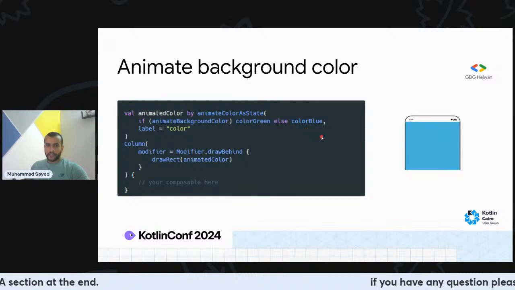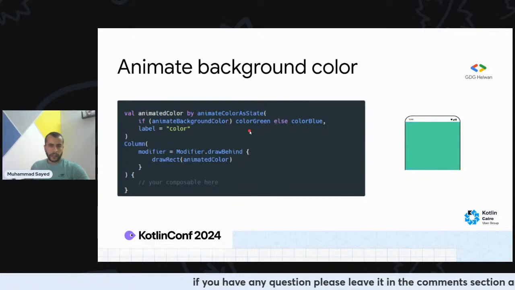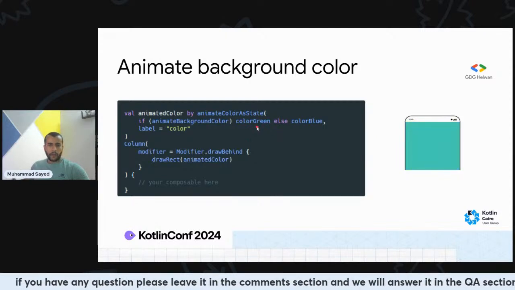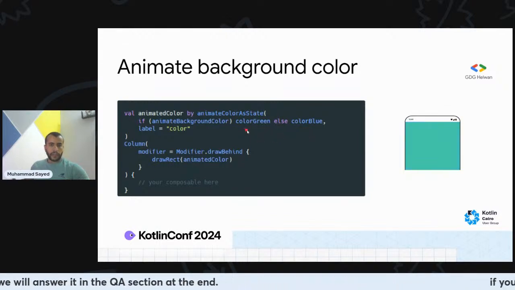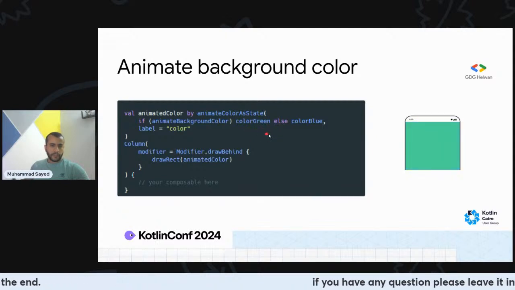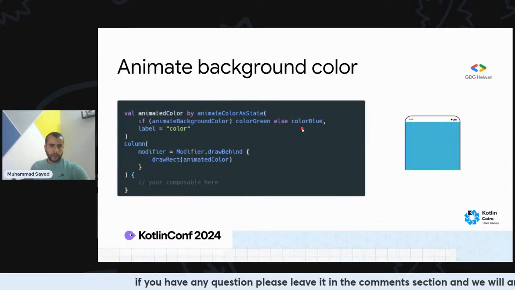I think it's more understandable if we are animating an integer as a state or a float as a state, where the float value changes. Let's say that we have 0 and 1 as a start and end. I guess it's going to be 0.1 and then 0.2 until it reaches the value 1.